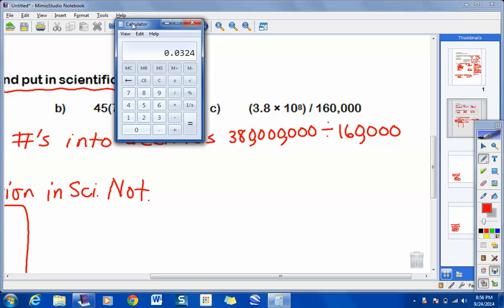So I'm going to take 380 million. I'm sorry, did I get that right? Yeah, I do. Haley, be nice. And I'm going to divide this by 160,000 now.